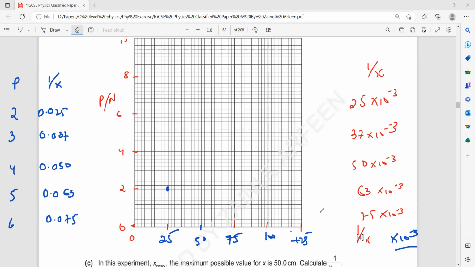Where you will write 10 power minus 3, you will multiply on the axis. You can write for the overall axis, or you can write with these numbers as well. Both ways it is correct.